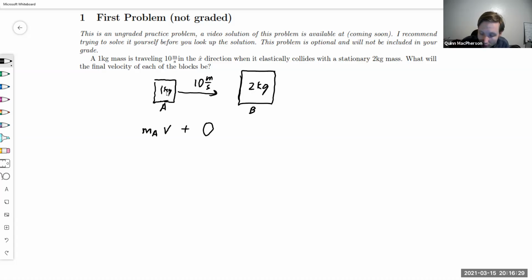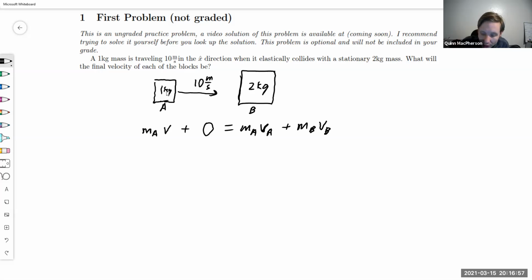Plus 0 is equal to the final momentums, which is MA VA, and I could put a final, but I'm only going to have one VA, so it'll be my VA final plus MB VB final, which I'm just going to write as VB. Okay, so that is my conservation of momentum equation.